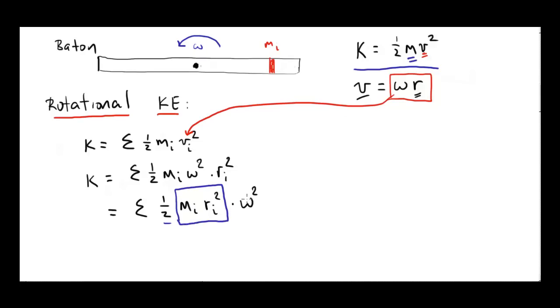And then I've got my omega squared, which is similar to the v squared. In other words, if this is a rotational kinetic energy, this thing looks like the analog for mass in 1/2 m v squared. Omega is my rotational analog for v, and this thing right here looks like my rotational analog for mass.